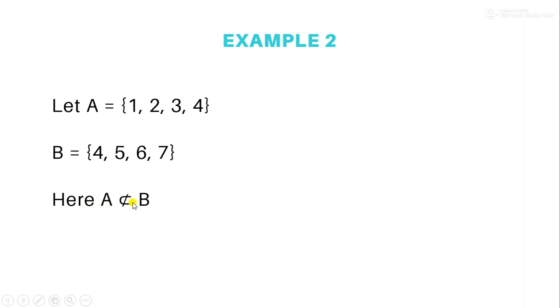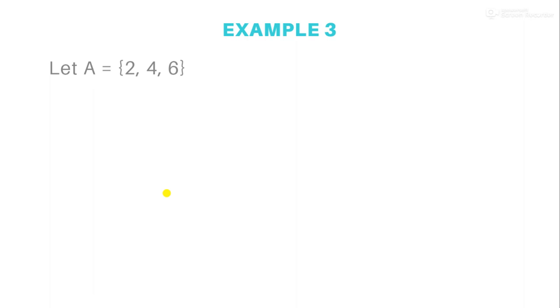Here we can't say that A is a subset of B because A does not have every element that is part of B. Here we have 4, but we don't have 1, 2 and 3 in set B. If every element of a set A is also a part of set B, then only we can say that A is the subset of B. But here in this example, A is not a subset of B because we don't have 3 in set B, 2 in set B, only 4 is present in set B. Therefore, A is not a subset of B.